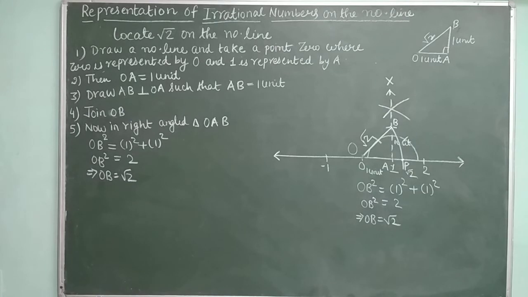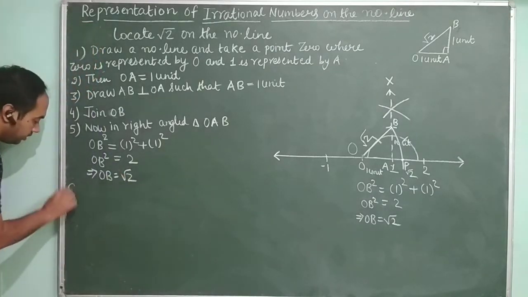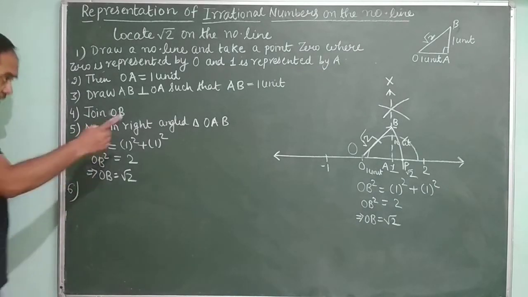The length of OB is under root 2. But we need to represent under root 2 on the number line. So what we have done in the next stage, we have measured OB.